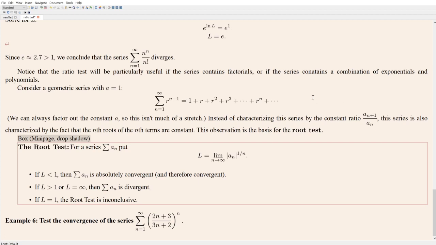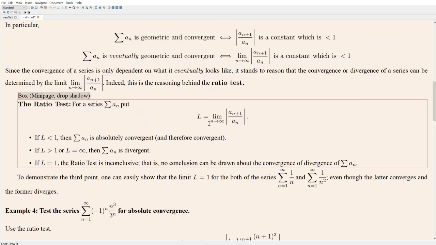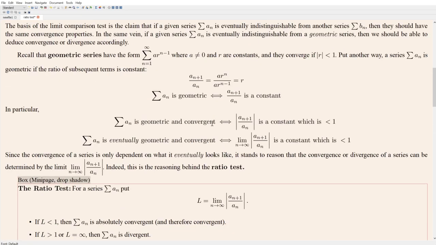Okay, so the reason the ratio test works is because we are systematically comparing the series that we were given to a geometric series. And the way that we characterized geometric series was by looking at the ratio of adjacent terms and noting that they are constant.